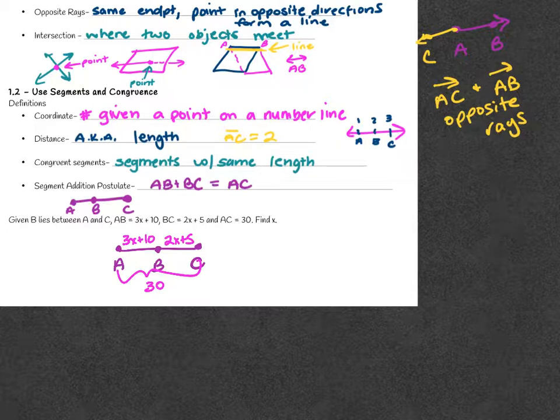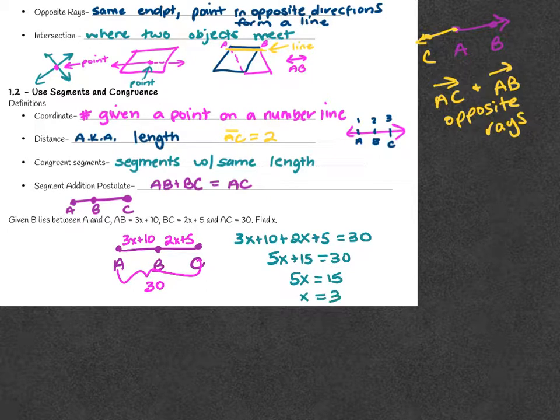Because you know nothing about the relationship between those two. What you do know is that if you add them together, you can set them equal to what? Good. So 5x plus 15 equals 30. Good. 5x.